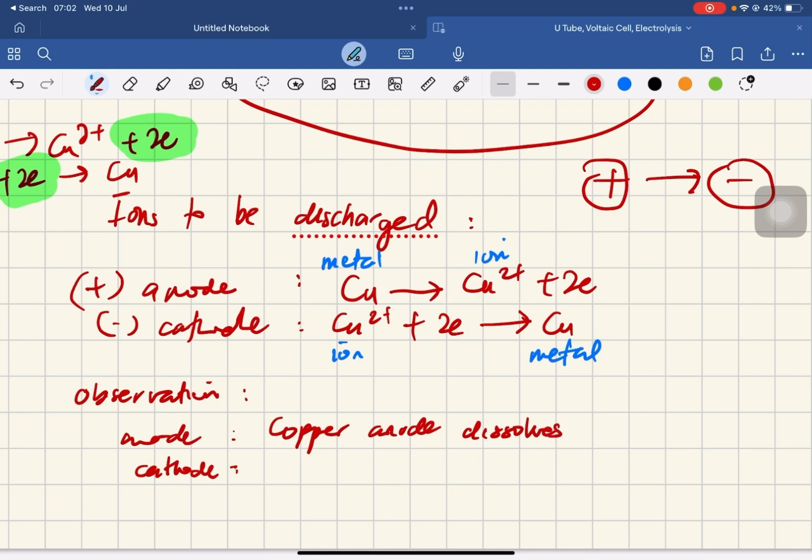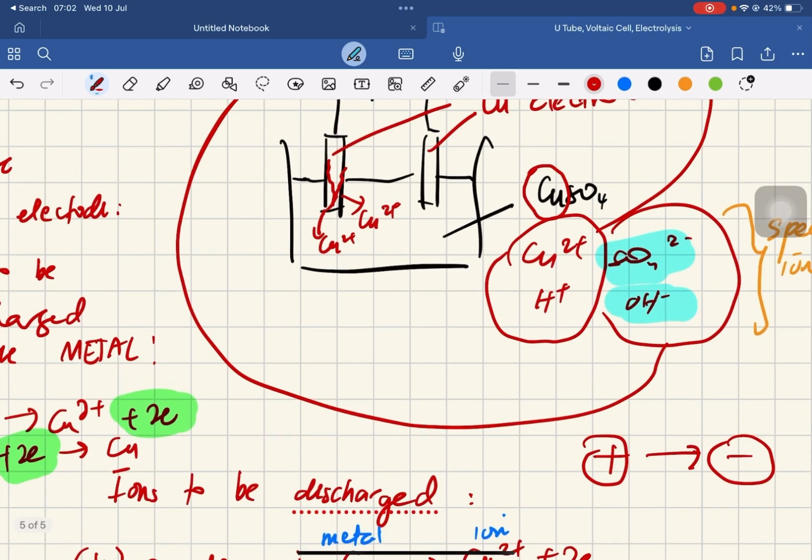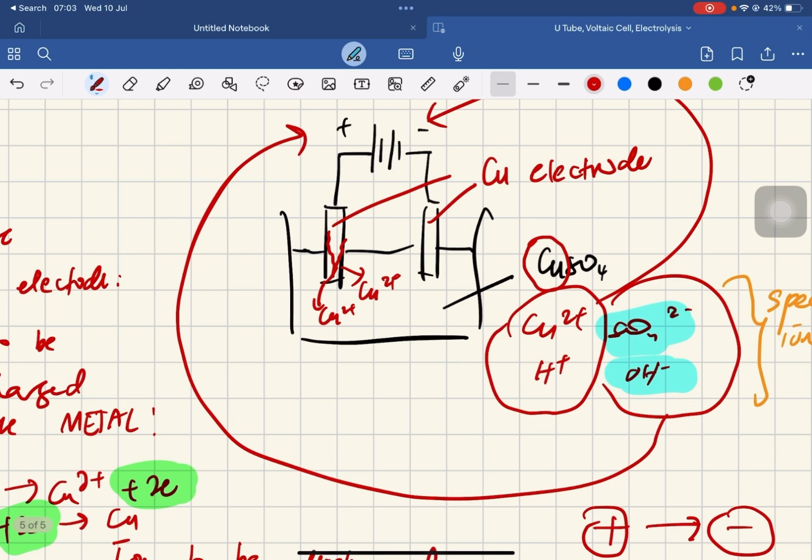What about the cathode? Cathode tadi from ion to metal. What does it mean? Inside the solution got Cu2+ also kan? So the Cu2+ akan di-discharge here.